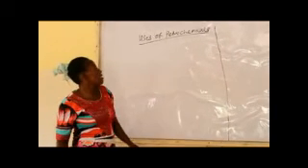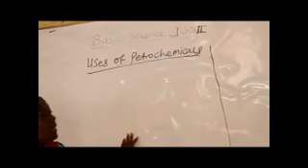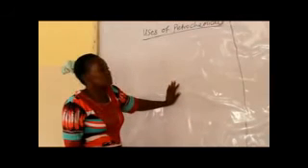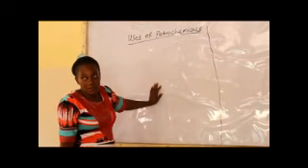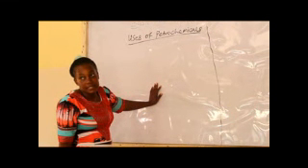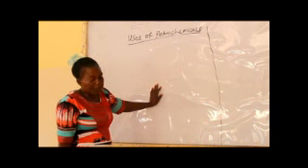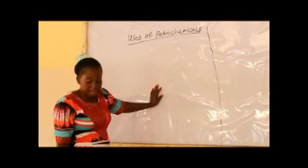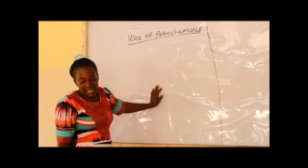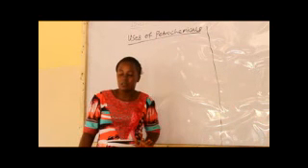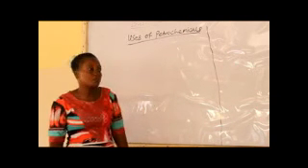Last week we discussed uses or importance of crude oil, those fractions of crude oil we discussed, their importance. We started from petroleum gases, and we said that they are mainly used as fuel for homes and industries.